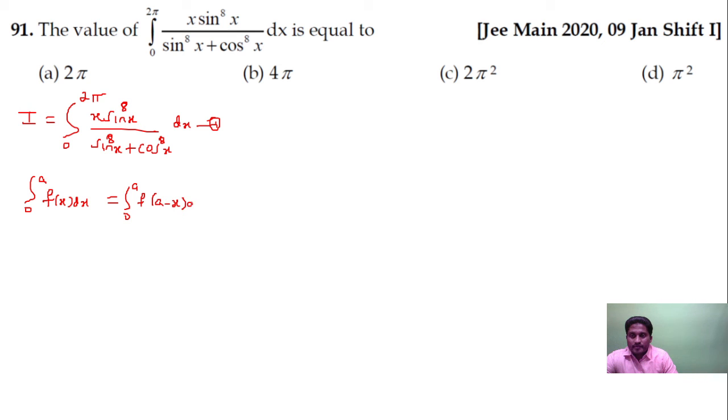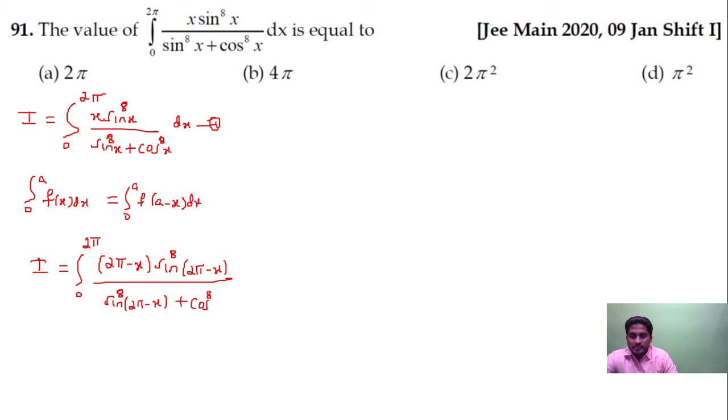So if I use King's property, this becomes I is equal to integral 0 to 2 pi, this will be 2 pi minus x, sine to the power of 8 of 2 pi minus x upon sine to the power of 8 of 2 pi minus x plus cos to the power of 8 of 2 pi minus x. 360 minus theta is the fourth quadrant, where sine is negative, but anyway the power is even.